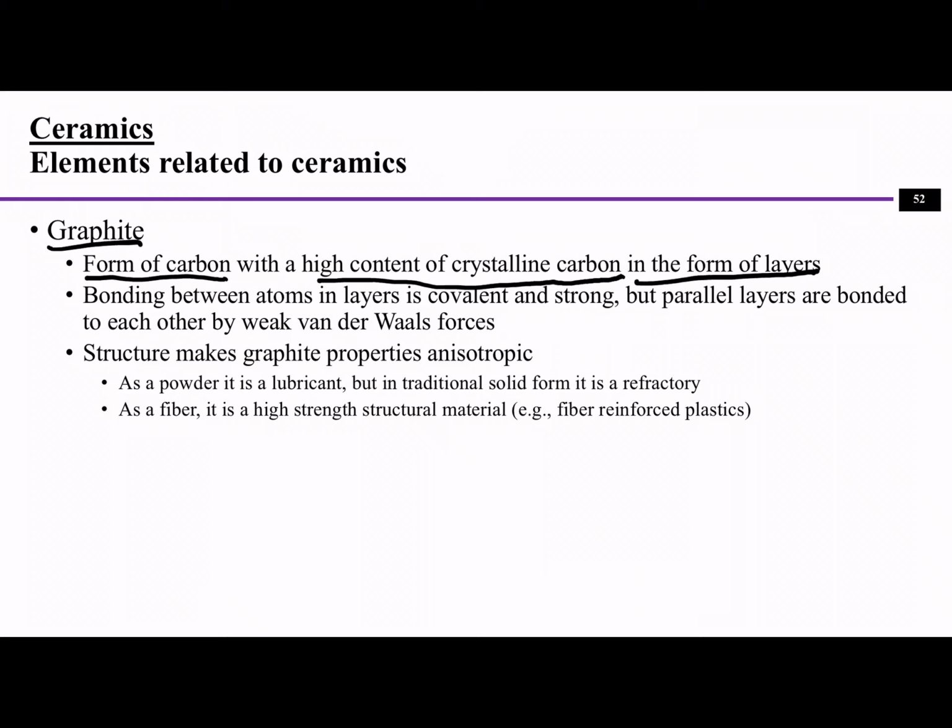They are all layer by layer, and bonding within the layers is covalent and strong. Atoms in a layer are covalently bonded and strong, but parallel layers are a little bit loose because they are held by van der Waals forces, right? The van der Waals forces are the forces between atoms and molecules.